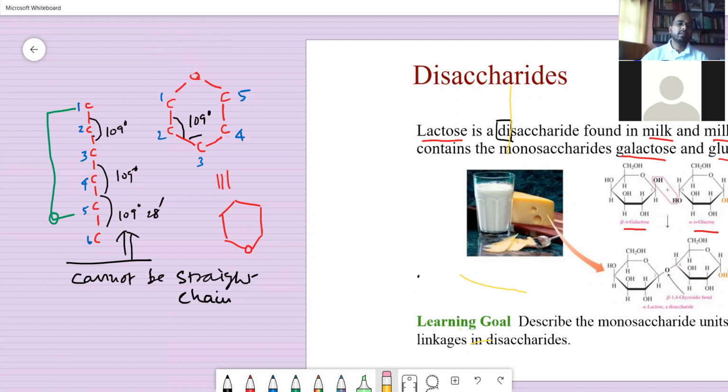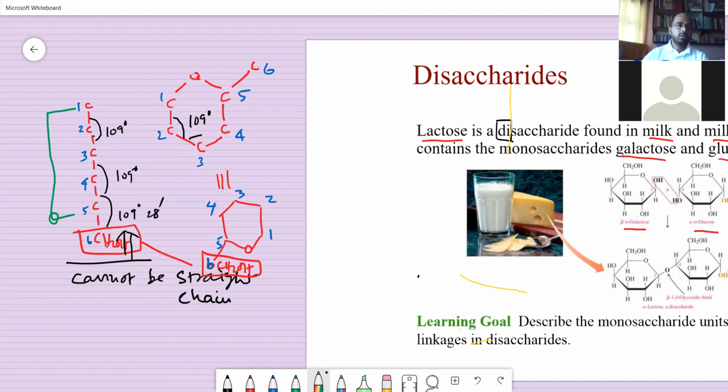So it should be C6. Again, if I number here, 1, 2, 3, 4, 5, and the next carbon atom is the 6, and that will be CH2OH. The sixth carbon atom is this one.